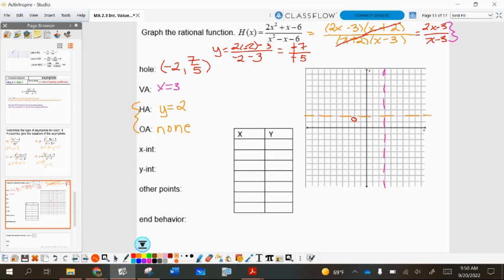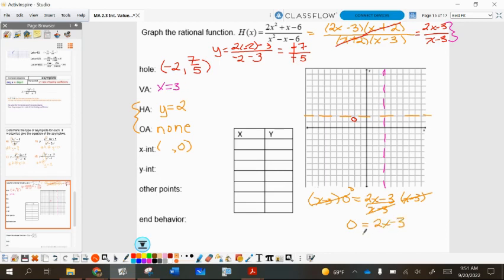Okay, so if we want to find our x-intercepts, we know x-intercepts have a value for x and a 0 for y. So if I put 0 in for y, that 0 equals that fraction. Now, when does a fraction equal 0? A fraction equals 0 when the numerator equals 0, so that's our shortcut there. We can just set the numerator equal to 0. But if you forget that, you can set the whole fraction equal to 0, and your first step will be to get rid of your denominators, which of course will get you back to where we started with the 0 equaling 2x minus 3.